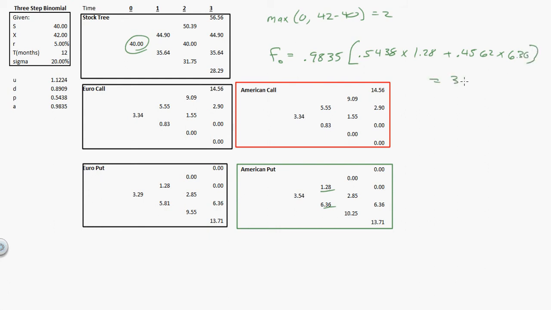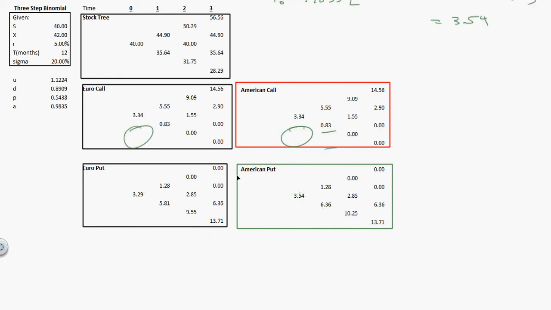And that's equal to $3.54. So the American put is worth $3.54 today. The European put is worth $3.29 today. The American put is always going to be worth at least as much as, or maybe more than, the European put.